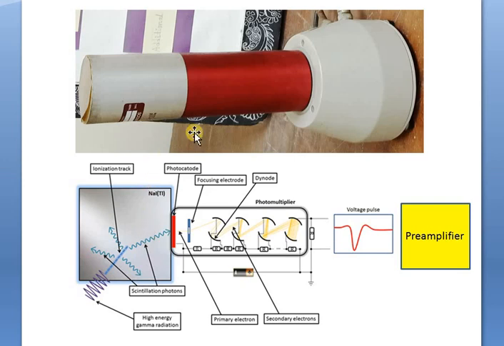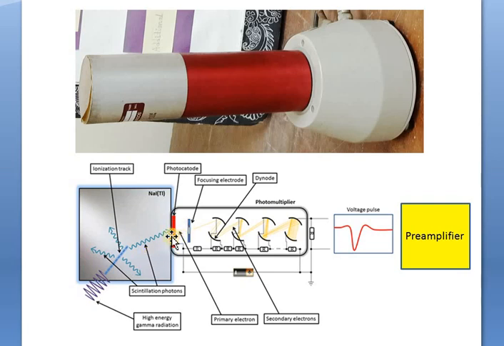Now, unlike the HPGe detector, where when a gamma photon directly enters, electron hole pairs are created after the interaction and they are the real charge carriers, a sort of primary process, in this particular detector what happens is that when the incident gamma ray enters the sodium iodide detector, because of the physics involved, it is converted into a large number of smaller energy photons.